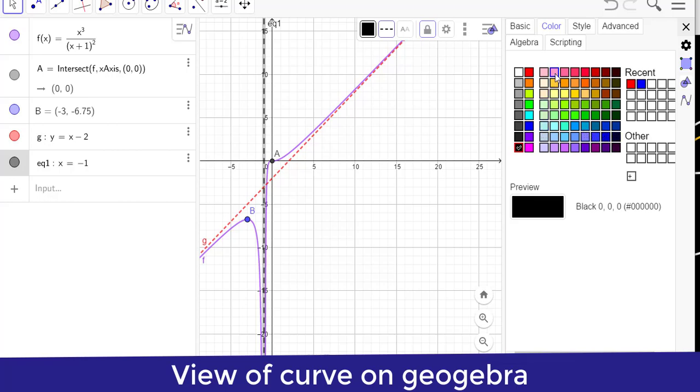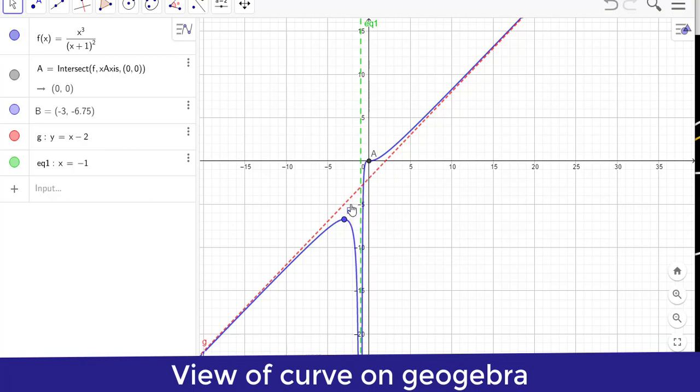Let's see, is green making sense? Okay, let me take a darker one. Then let's also change the color of our curve. I like blue.